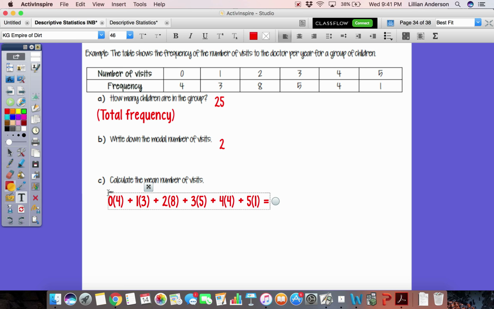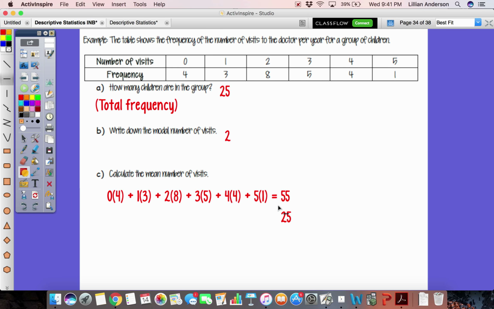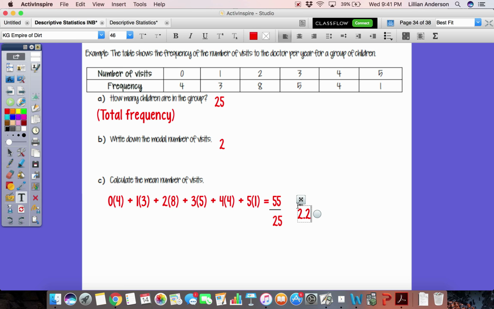Okay, so we're going to multiply those all together, and we are going to add those up for a total of 55. So that's step 2, and then step 3 is just divide by our total frequency, which is 25, and our mean number of visits is 2.2.